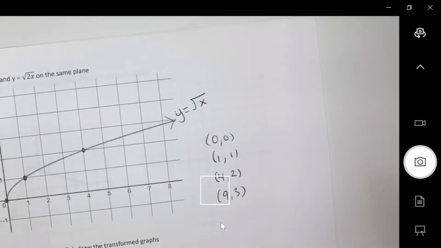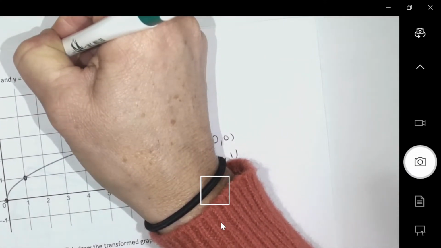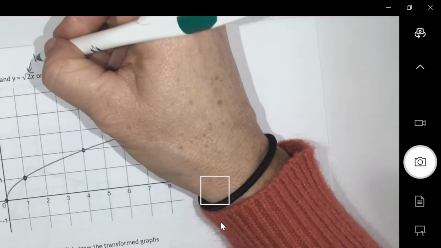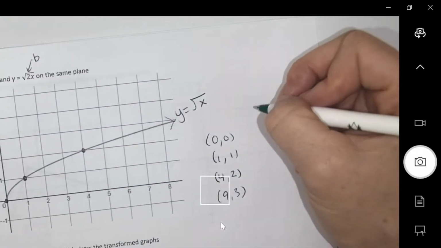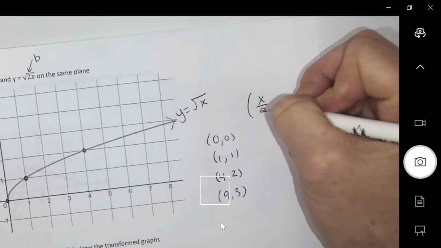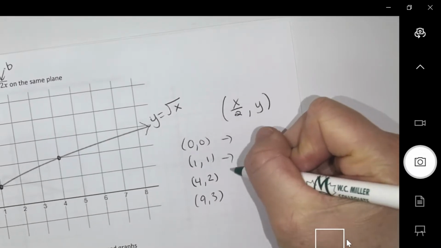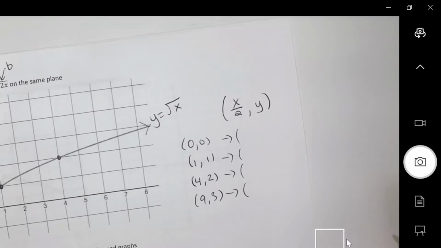Okay, we're going to transform these points. Oh, which letter is that? The 2 is a B, C, or D? A B. Okay, so x divided by 2, comma y. So I'm going to run all of my x's through. I'm going to do that because it makes me a little bit faster.